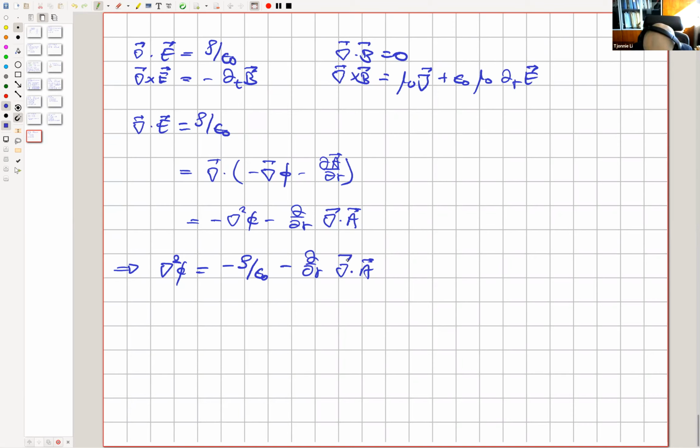I can simply put on both sides the epsilon naught mu naught, both sides, second partial derivative of phi with respect to t.